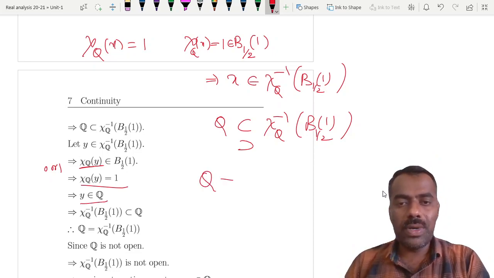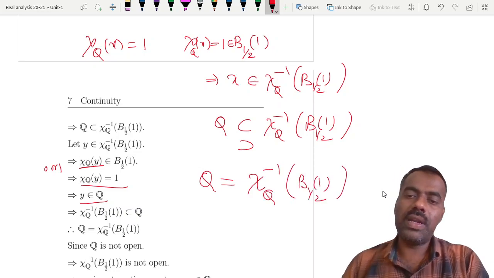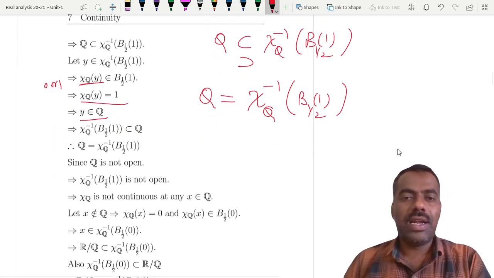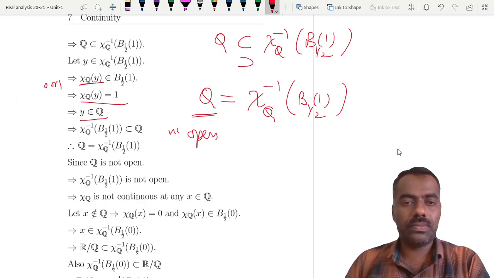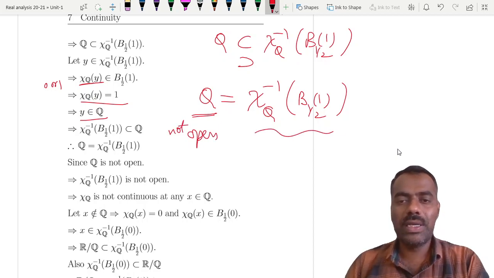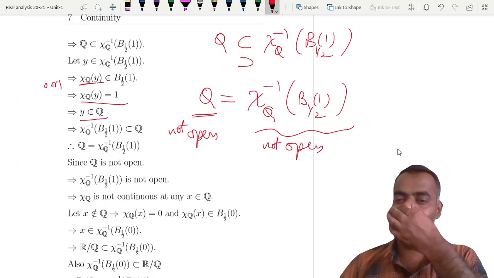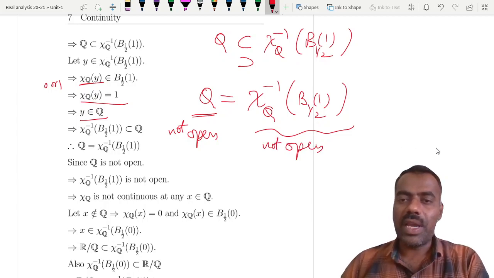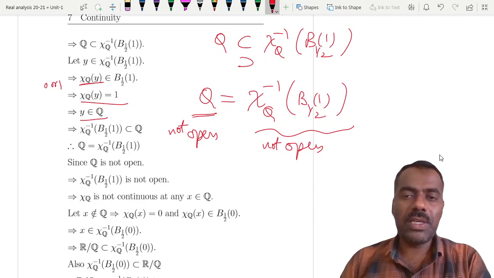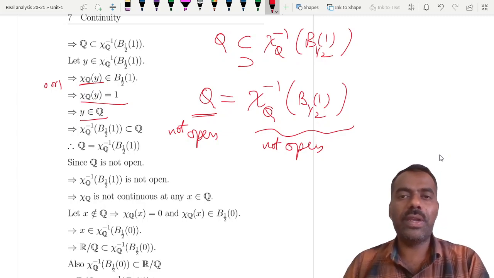So what we proved is that Q can be represented as the inverse image of this ball around 1 of radius half, right? Now we know that Q is not open, so this is not open. Because it is not open, this cannot be open, so this is also not open, right? So what we have proved, if at all chi q is continuous at x, we know that this ball is open. If this ball is open, then its inverse image should be open if at all it is continuous.